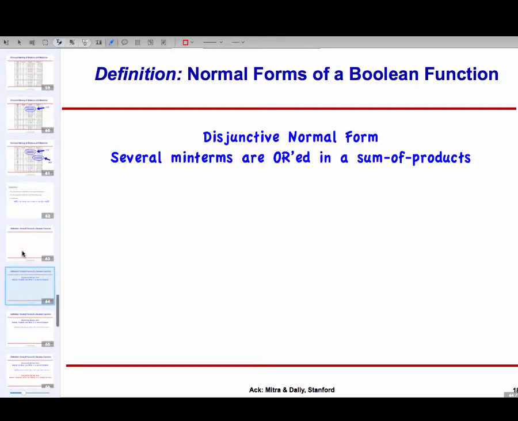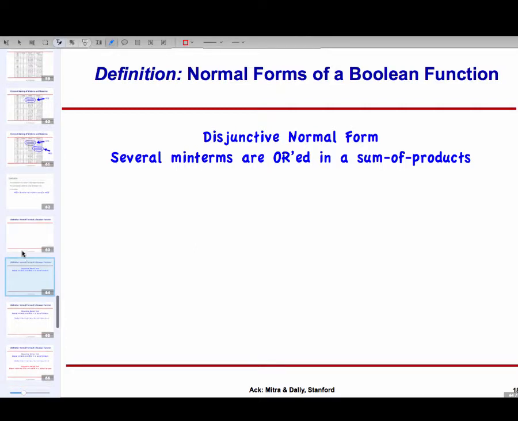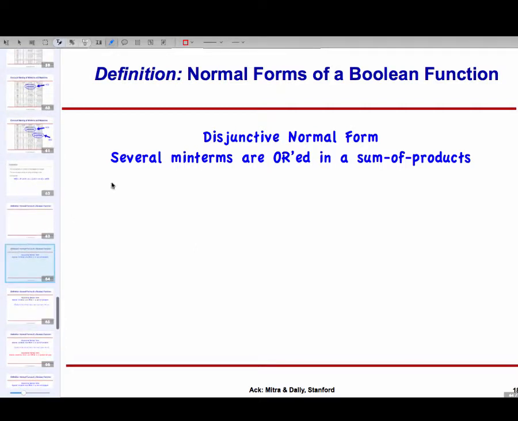Now, it turns out there are two normal forms which are of great interest here. One is called disjunctive normal form. The idea is that in a disjunctive normal form, the function is represented by taking some minterms and ORing them together. It is often called sum of products, sum referring to OR and product referring to AND.